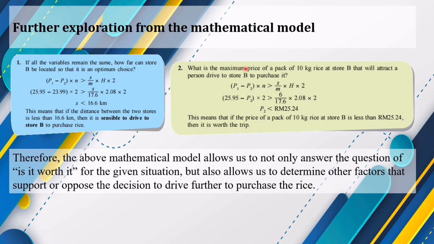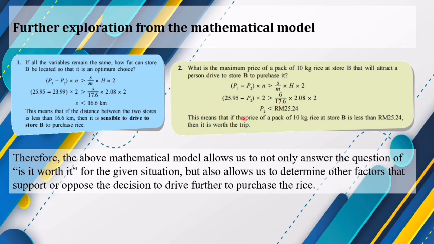The second one is the optimum price of a pair of 10 kg rice at store B that will attract a person to drive there to purchase it. Again, we use the same model and substitute the value of each alphabet, but this time we use P2 as an unknown and find the value of P2 is less than 25 ringgit 24 cents.